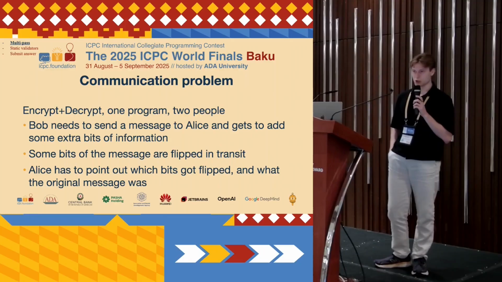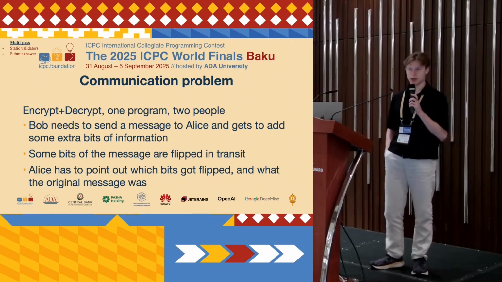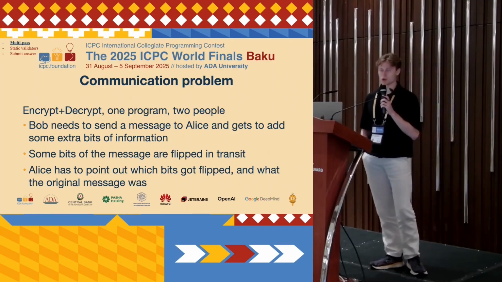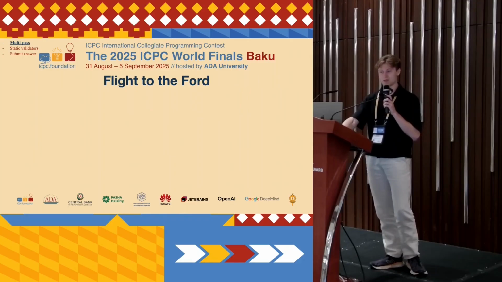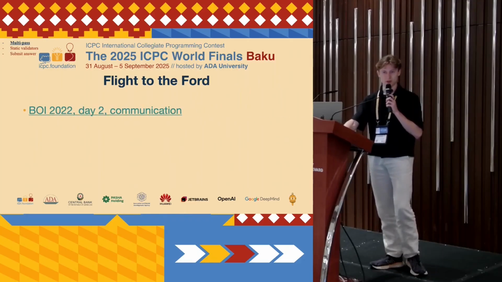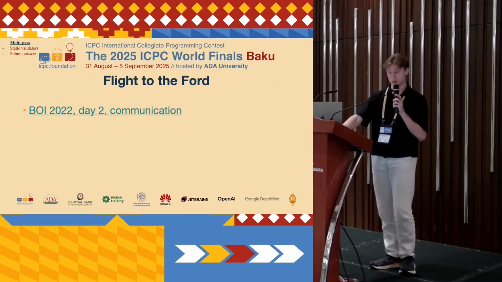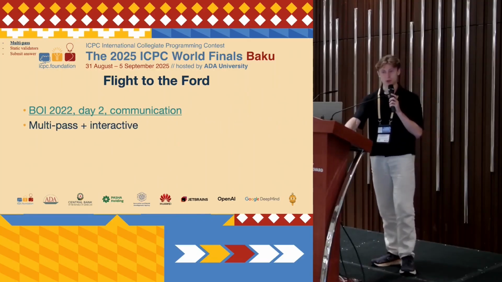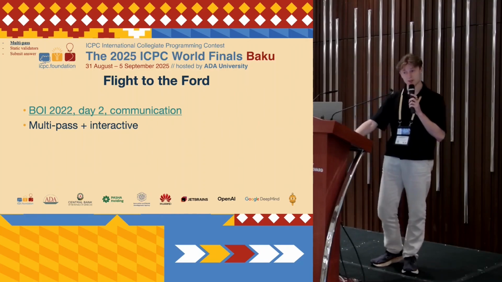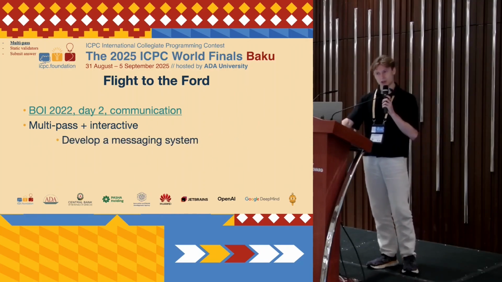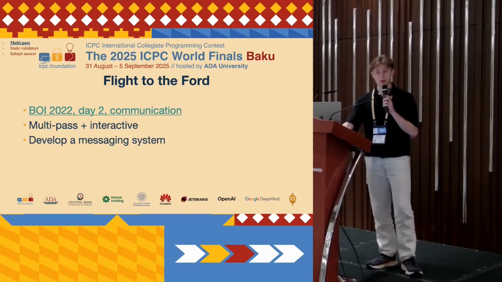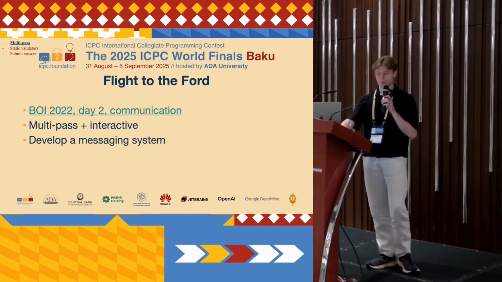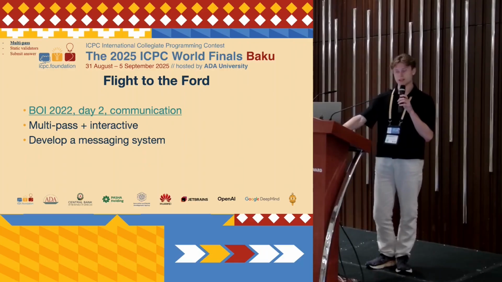A simple solution could be that you duplicate a lot of the information, but of course we can have way more interesting problems. One such interesting problem is Flight to the Ford from BOI 2022, day 2. It's very interesting, and it's a multipass problem as well as an interactive problem. A little similarly like before, you're developing a messaging system. You're supposed to be able to send and receive messages.